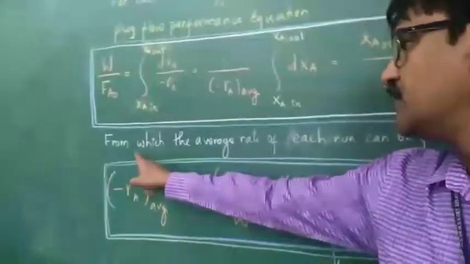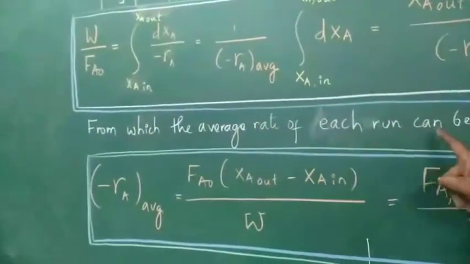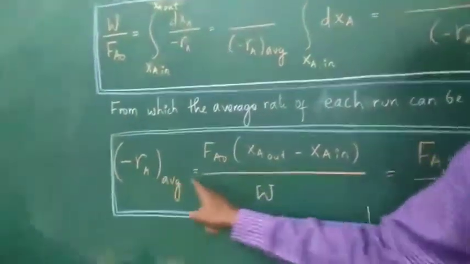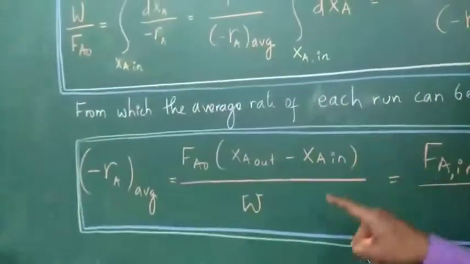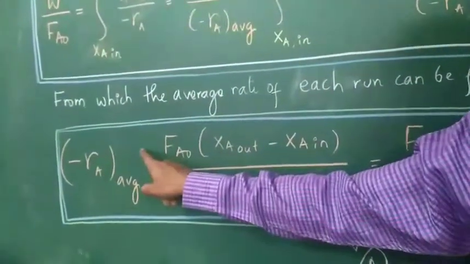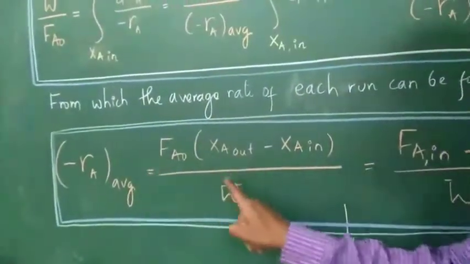Suppose from the average, each run can also be calculated. For minus Ra average, you can see in the mixed flow reactor, V by Fa naught is equal to Xa by minus Ra.